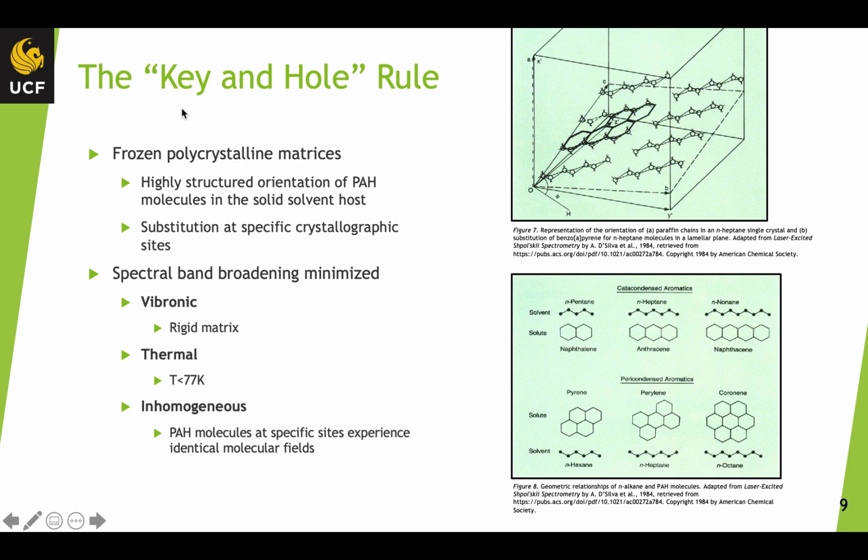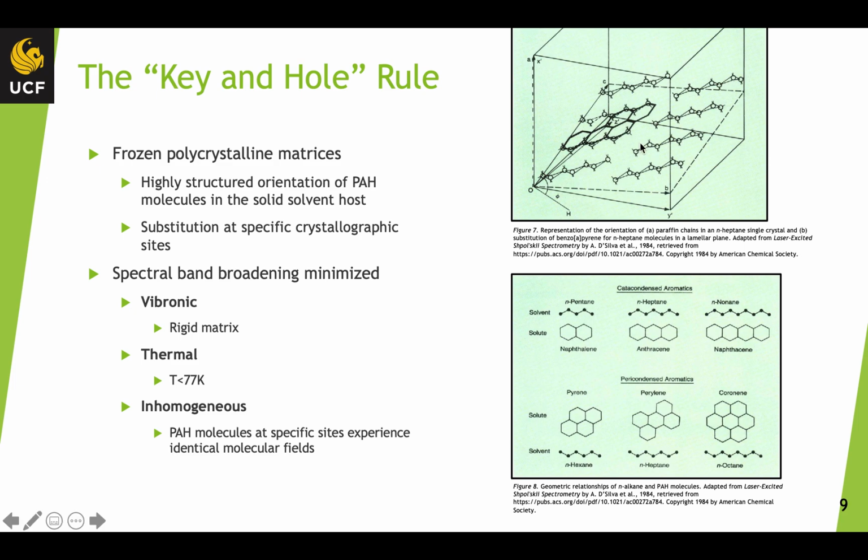This can usually be described by the key and hole rule. When you take these PAH molecules and you freeze them in these matrices, you get frozen polycrystalline matrices with highly structured orientation of PAH molecules in the solid solvent host. So the substitution of these polycyclic aromatic hydrocarbon molecules occurs at very specific crystallographic sites.